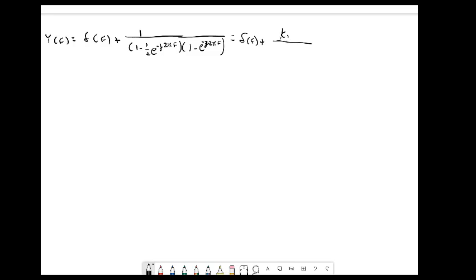And in the denominator, we have the first term, 1 minus 1/2 e to the minus j2 pi f. And in the other term, some other unknown k2, 1 minus 1 e to the minus j2 pi f. So we're just saying, if I broke this up into a sum, what values would I need for k1 and k2 for this to be equivalent?